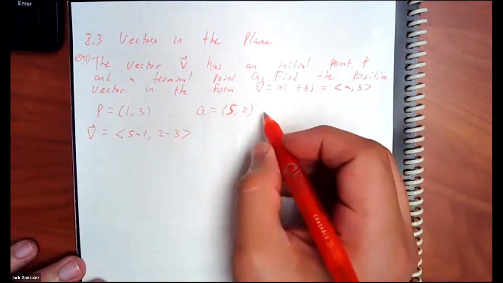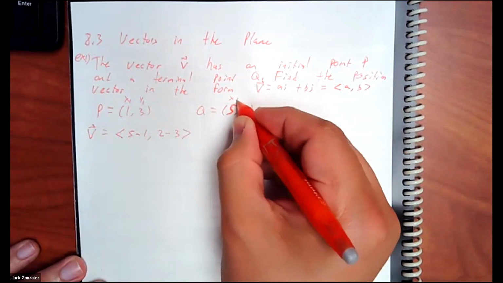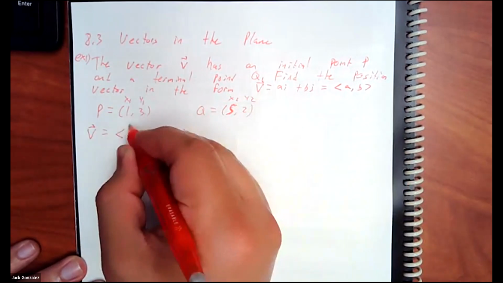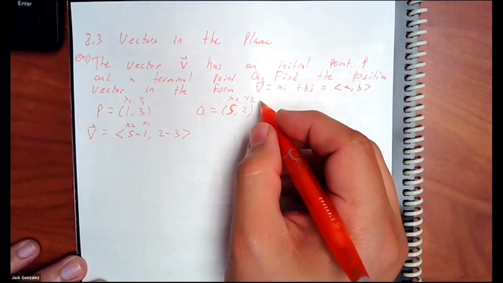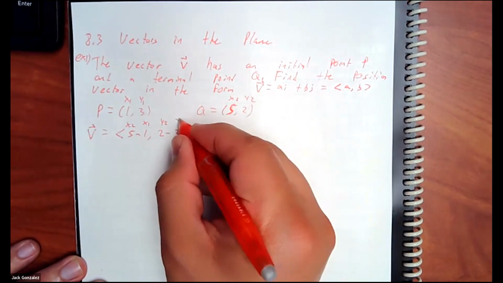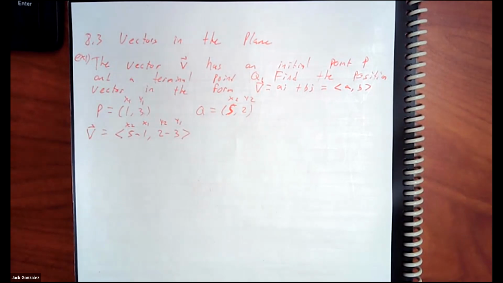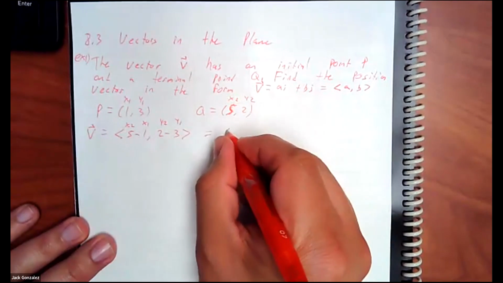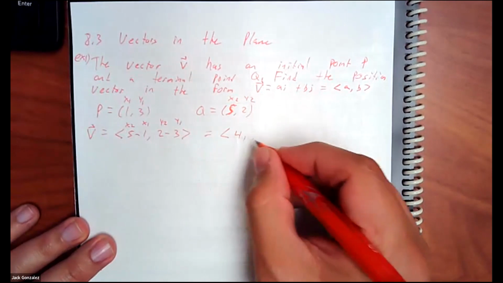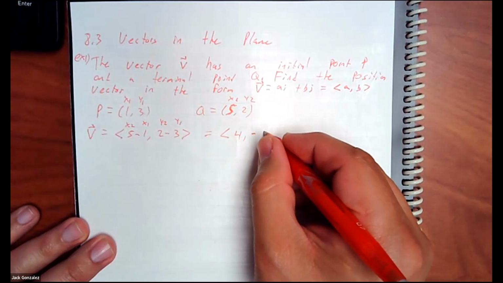If we call this x1, y1, x2, y2, this will be my x2, this will be my x1, this will be y2, y1. It's always going to be the final point minus the initial point. So the vector will look like this: 4, negative 1.